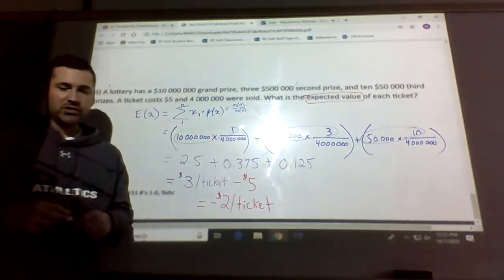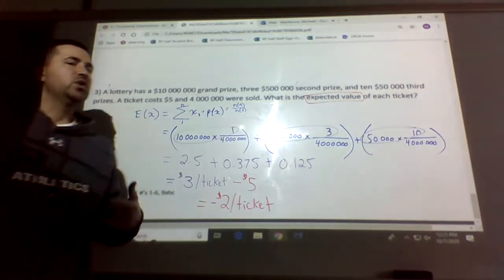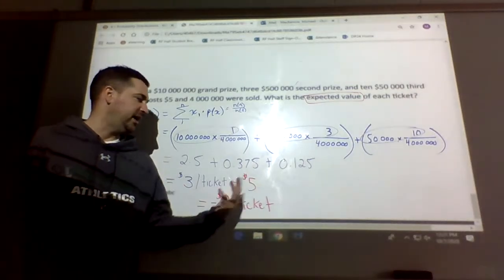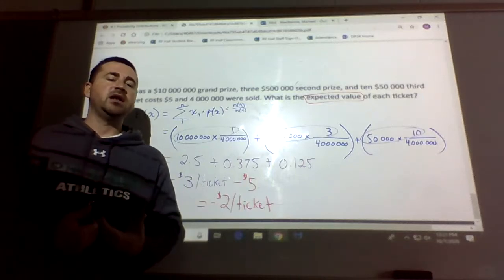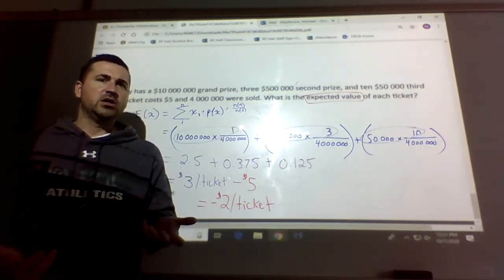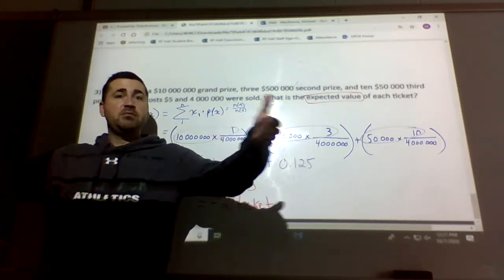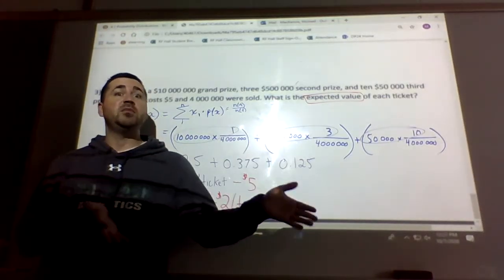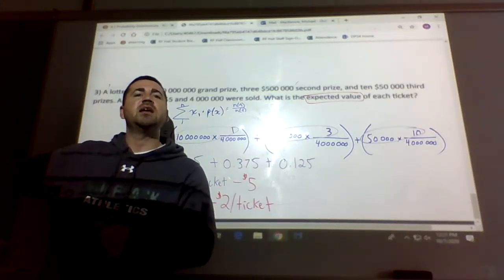So on average, each person is going to lose $2 per ticket, which makes sense because it's a lottery and they get the extra $2, right? They have this much of a payout and they're collecting money at the same time. Okay, that's how lotteries work. Everyone buys tickets. They make the prize $10 million, but maybe they sold $15 million in tickets. So they keep $5 million for themselves and give out 10.